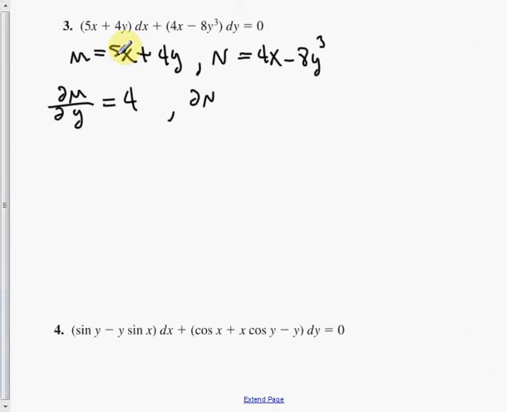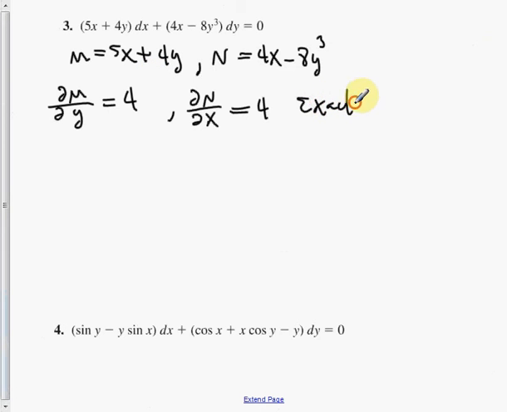So 5x is looked upon as a constant with respect to y, and the derivative of a constant is 0. Then the derivative of 4y with respect to y is just 4. The partial of n with respect to x, there's a 4x, that derivative is 4. Here, y is treated as a constant with respect to x. So here they're the same.